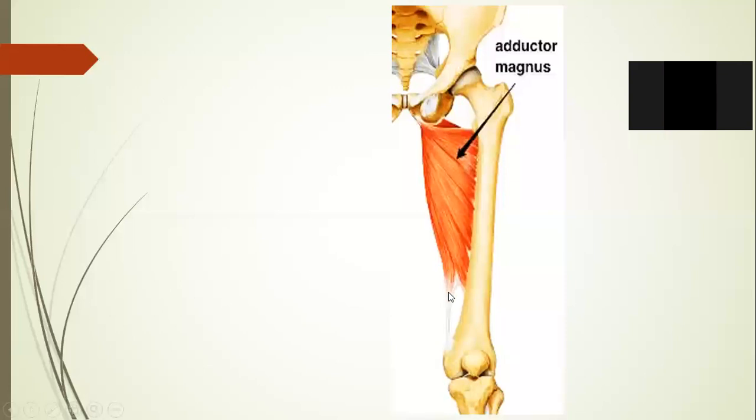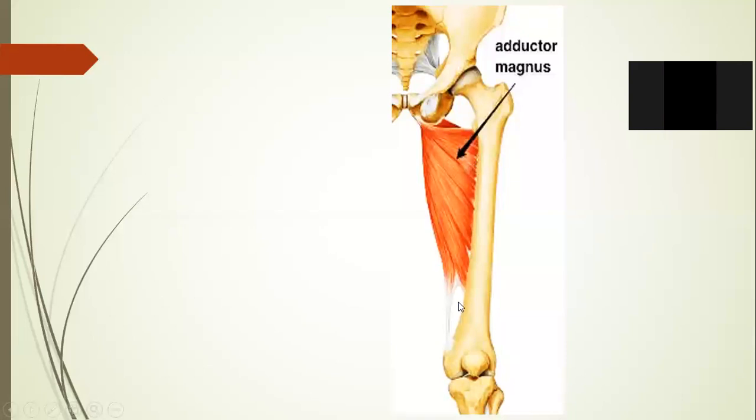And see the separate origin. It is inserted onto this bony projection just above the medial epicondyle of the femur, called the adductor tubercle, whereas this is the area for the linea aspera. So this whole one is the linea aspera for the adductor part of the adductor magnus.